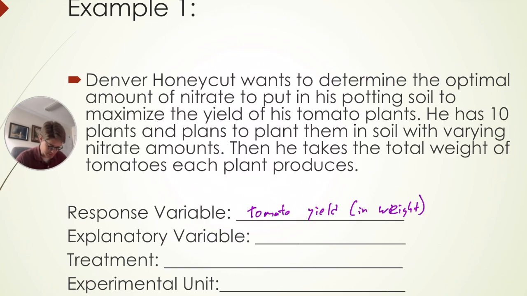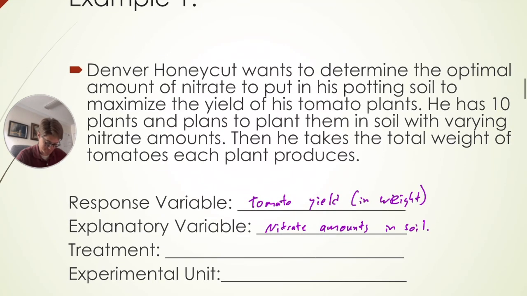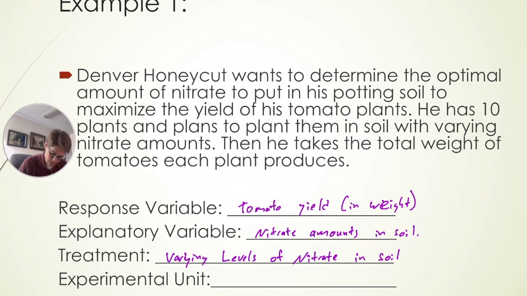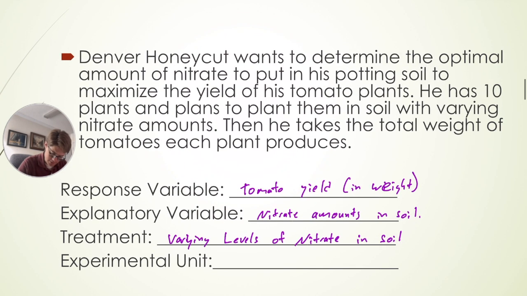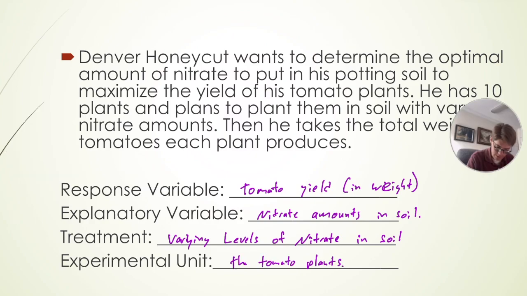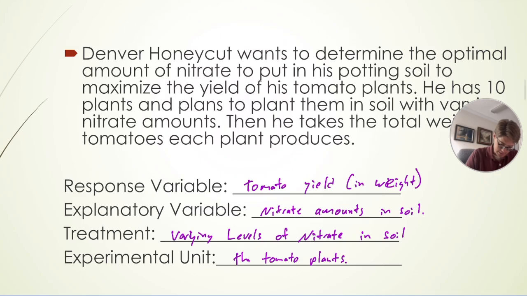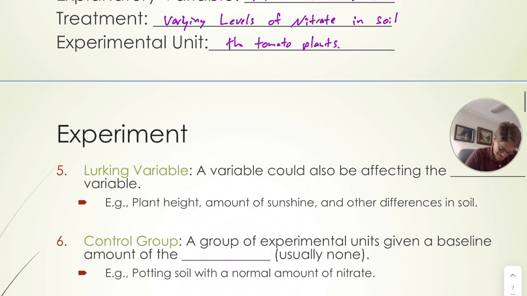Weight is the way that we're going to be quantifying the tomato yield. Then the explanatory variable is going to be the nitrate amount in the soil. The treatment is going to be varying levels of nitrate in soil, and the experimental unit is going to be the tomato plant or the tomato plants. Okay, so that's that study.